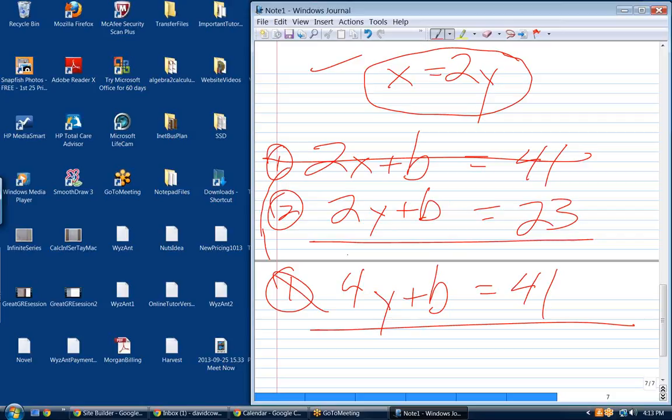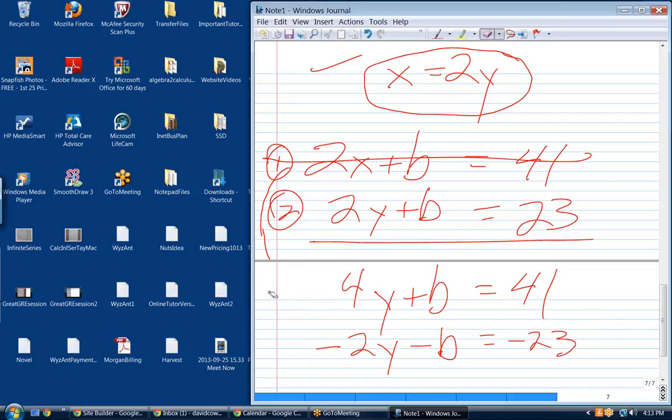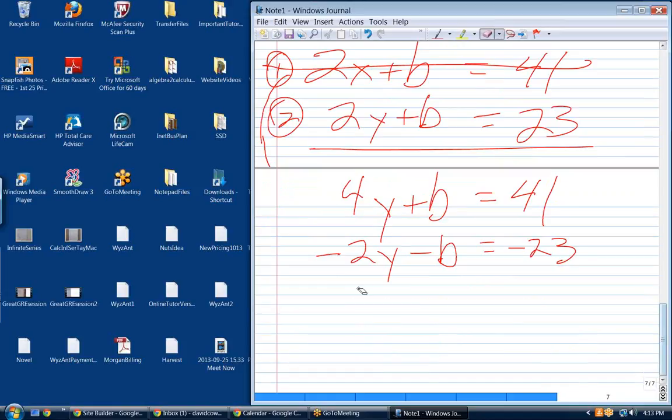Let me take equation 2 and multiply it by a -1. Now we can add the two bottom equations and the b will go away. And we'll be dealing with all positive numbers.